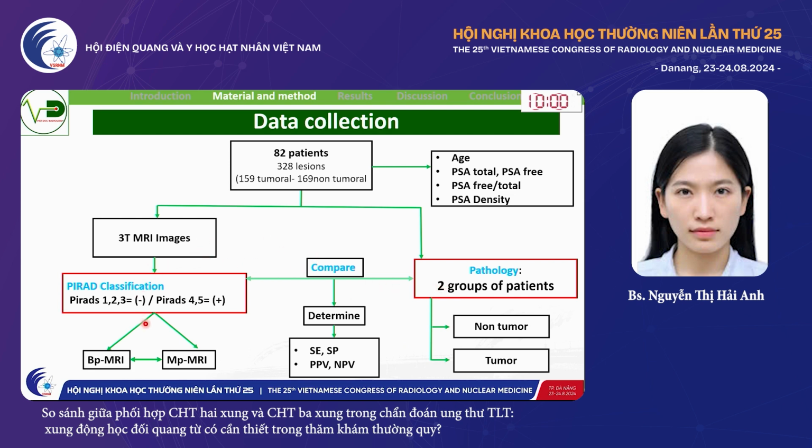On imaging, we calculate the PI-RADS score for both biparametric and multiparametric MRI, and we categorize PI-RADS 1, 2, 3 as negative and PI-RADS 4, 5 as positive for prostate cancer. Then we compare them with the pathological result to determine the diagnostic value.